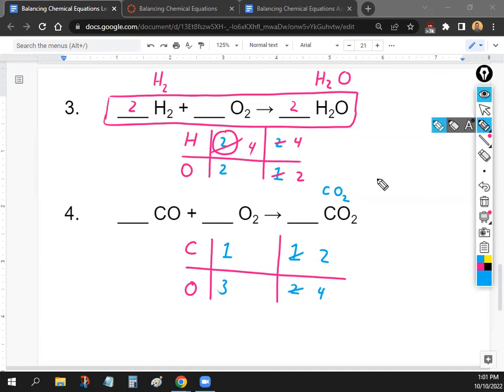All righty. Now we got to, yeah, what's up? Yes. Like no carbon here? Then that wouldn't make sense because you have to have carbon and oxygen on both sides.